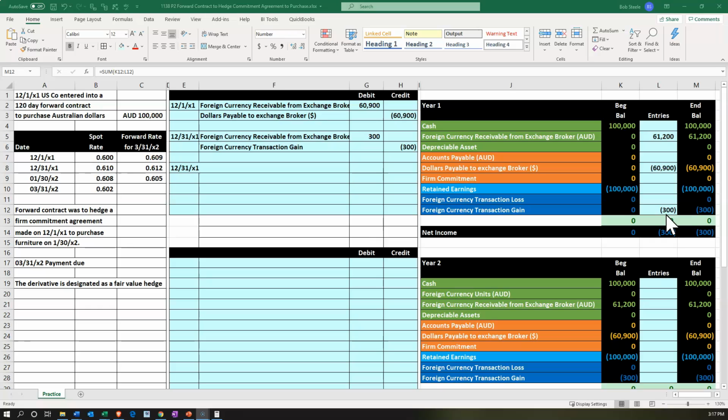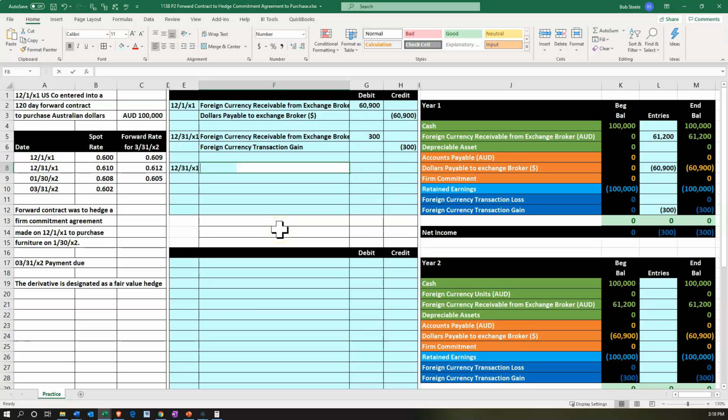I'm going to reverse the gain. What we want to do is put that difference into the depreciable asset at the end of the day. So we're basically going to reverse the gain, and in the end we're going to be capitalizing any gain or loss within the depreciable asset. To do that, I have to move this from a temporary account, an income statement account, to a balance sheet account, right?